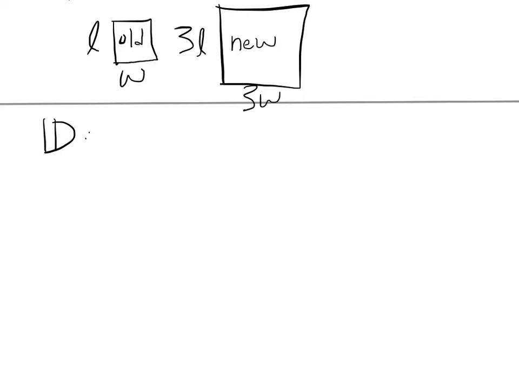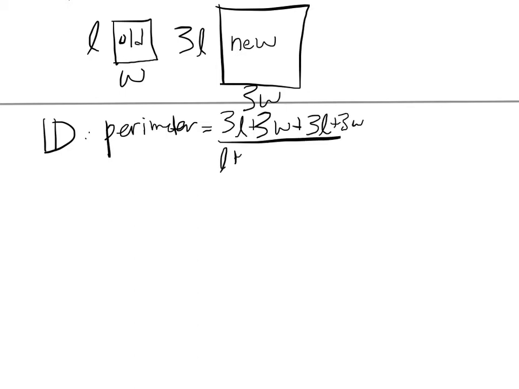Okay, in 1 dimension, something that's 1-dimensional would be something like perimeter. So I would just think about perimeter would be, I'm going to do the new over the old, so that'd be 3L plus 3W plus 3L plus 3W. And the old one would be L plus W. I'm just adding up the lengths of all the sides.